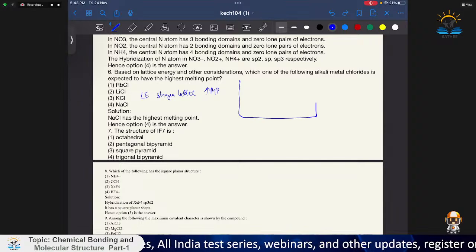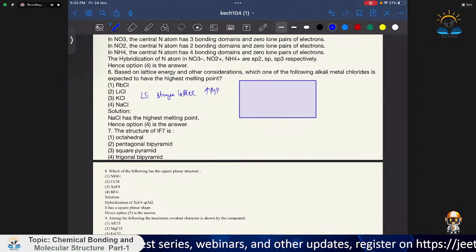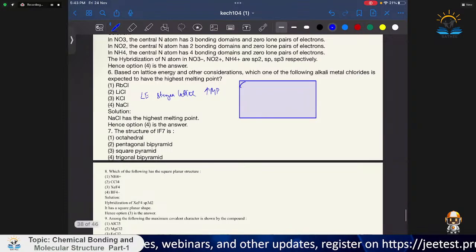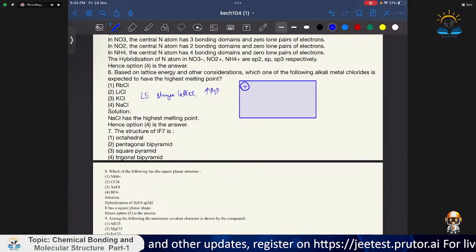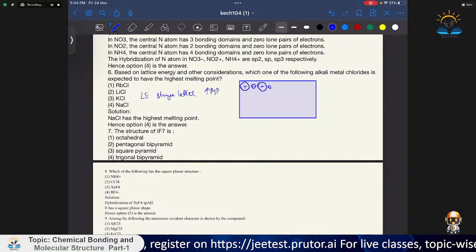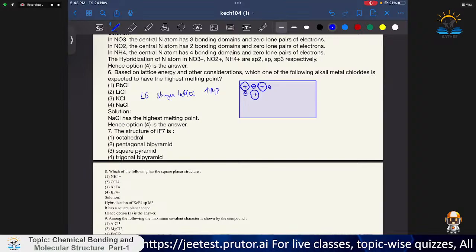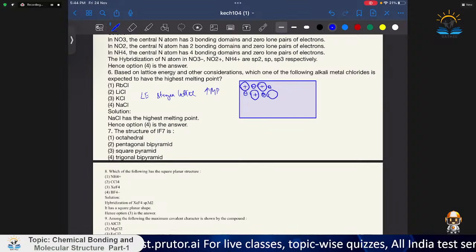I'll try to draw a lattice. We will draw cations and anions. Suppose this is a cation and this is an anion. Again we draw a cation and an anion, alternating.